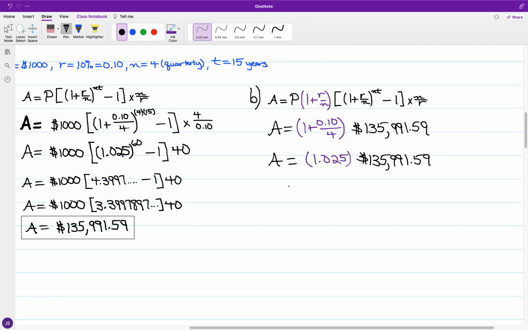So taking what we have from Part A, if we multiply by 1.025, you're going to be looking at some $3,400 more. And for this balance, we're going to have the maximum end up right at $139,391.38.